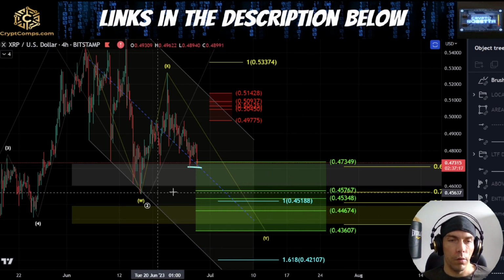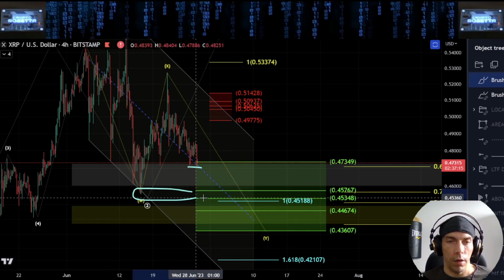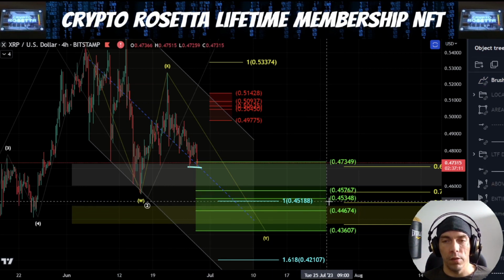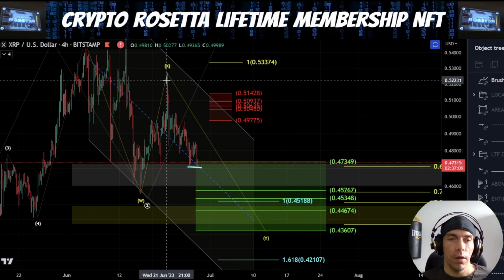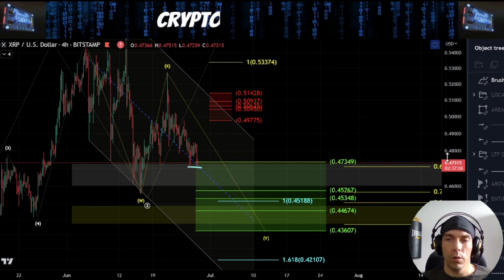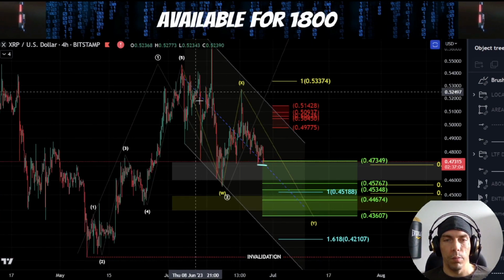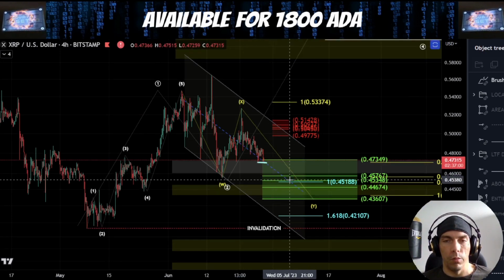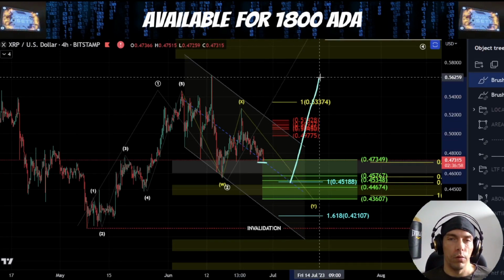Now, an interesting zone for this actually is this area here, which is sitting in the golden pocket, which is this 45.76 to this 45.34. Seeing a 3-wave move down into this level could align with that idea of this just being a corrective structure here, where we see price come down into this lower range here, then look for that reversal to the upside.